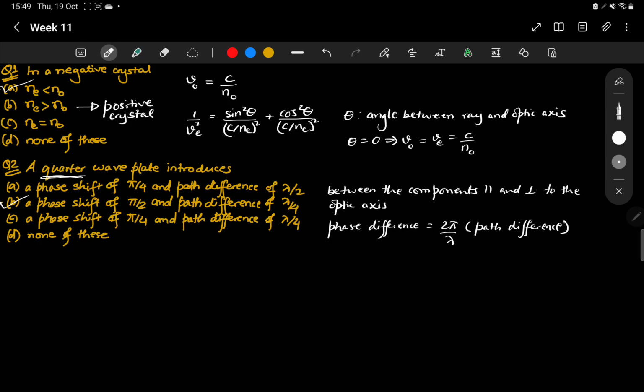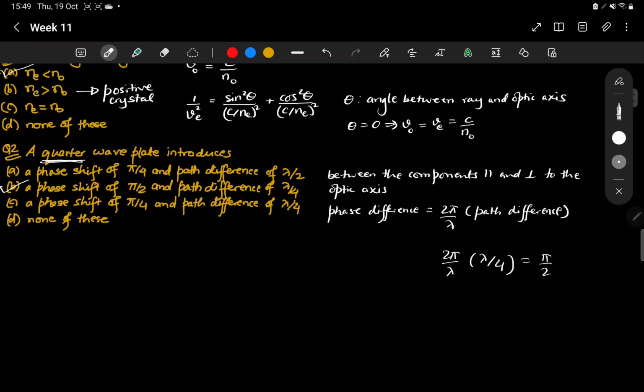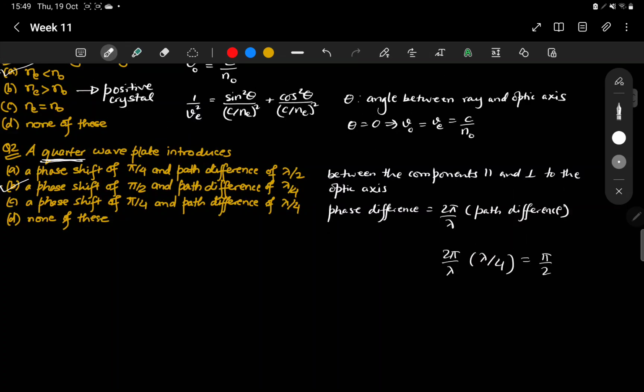So if my path difference is lambda by 4, then that gives me a phase difference of pi by 2, whereas option C cannot be correct.